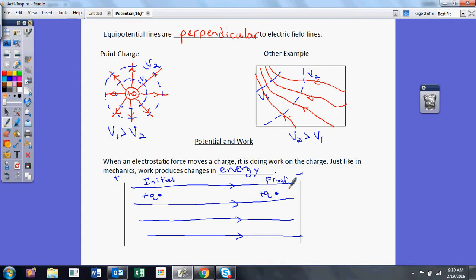So if you look at this, it's going to experience a force, it's going to accelerate, so it's going to change energy. And so we could say the Coulomb force, or the electrostatic force, does work on the charge.